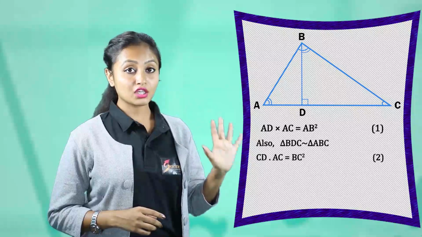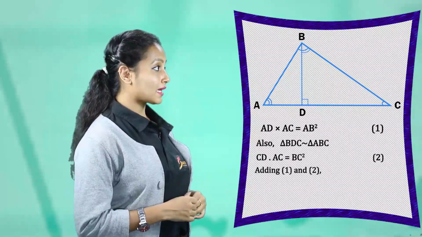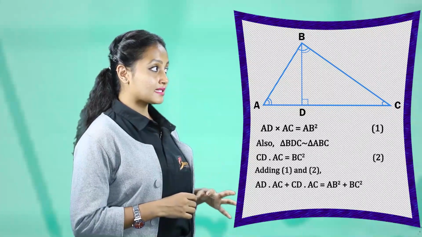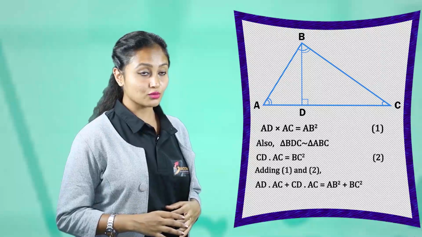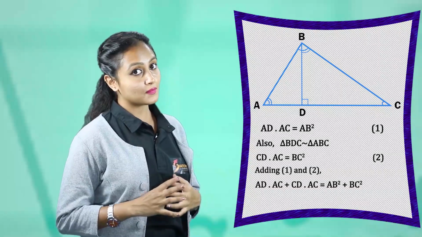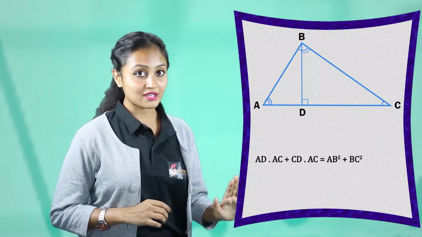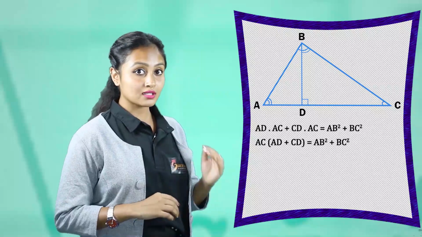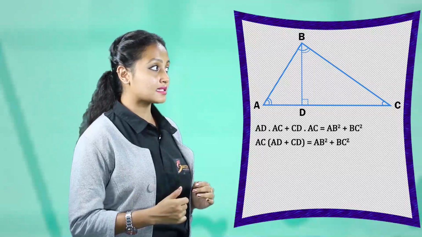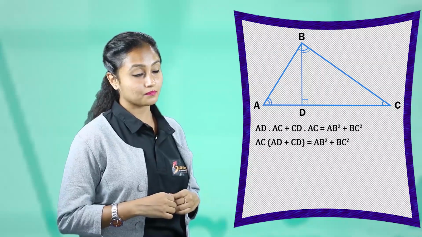Now, add equation 1 and equation 2. With this, we get AD dot AC plus CD dot AC is equal to AB square plus BC square. Now, AC is common on the left hand side. Take out AC. So, AC within the bracket AD plus CD is equal to AB square plus BC square.